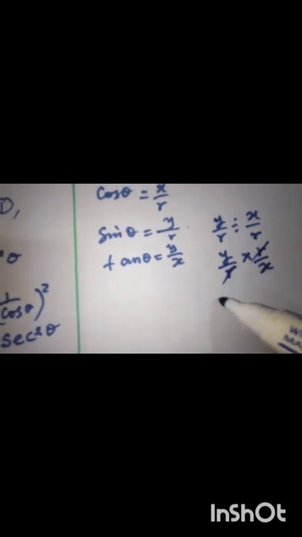Now, if you take sine theta divided by cos theta, it means you are taking y over r divided by x over r, which is y over r times r over x. When you simplify, it gives you y over x.